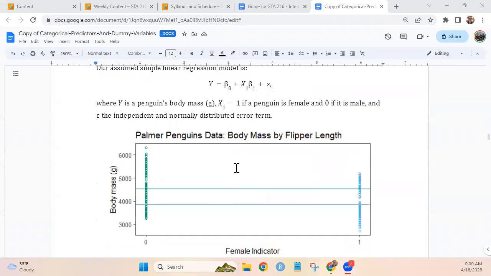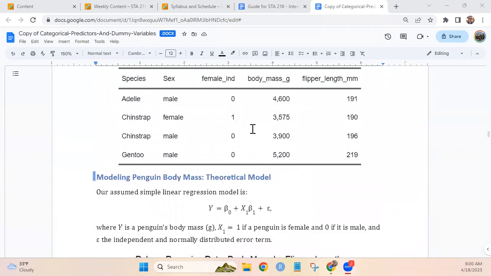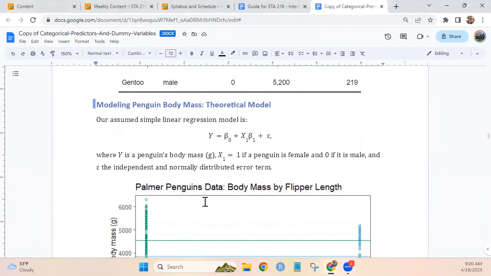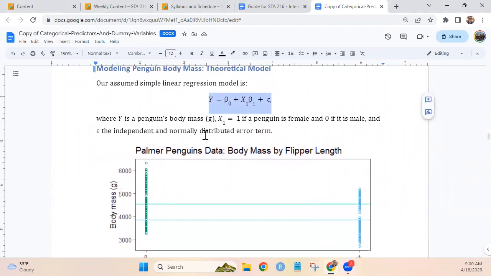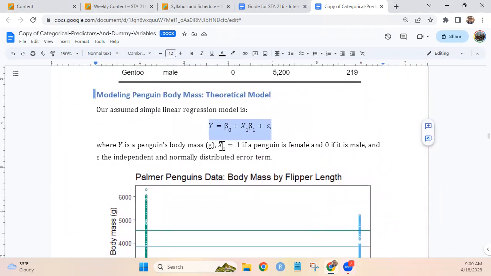In this case, with just one categorical predictor, the female indicator, this is a simple linear regression model where x1 is 1 if a penguin is female and 0 if it's male. So you always need to define what the 1 and 0 represent for the dummy variable when using those in regression. It's important to clearly communicate that.